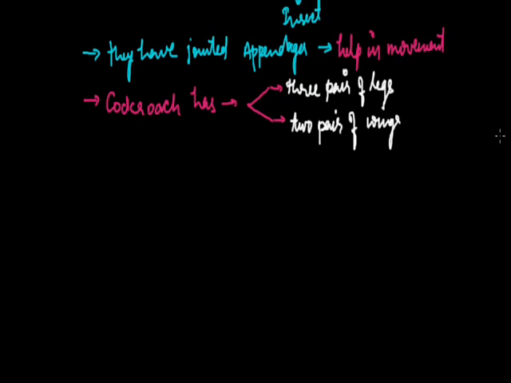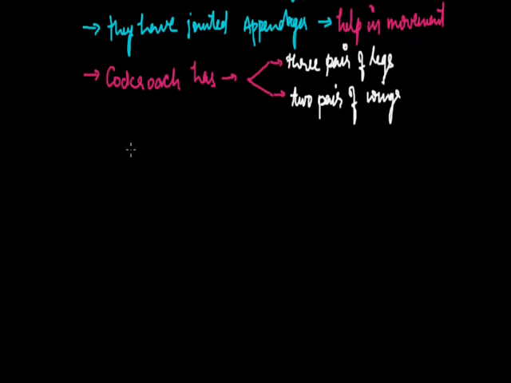And because of these jointed appendages, two types of movement are possible in cockroach, like walking movement and flying movement. So we can say in cockroach two types of movement are possible.